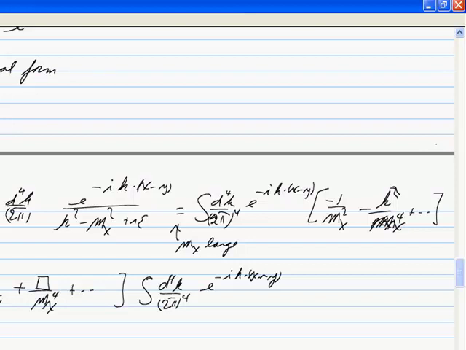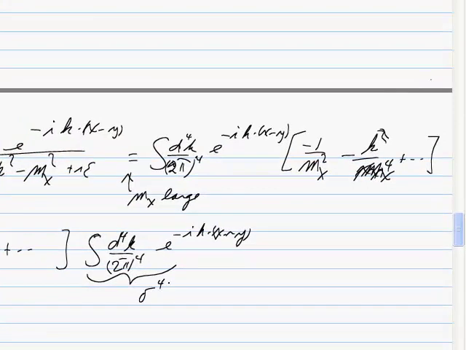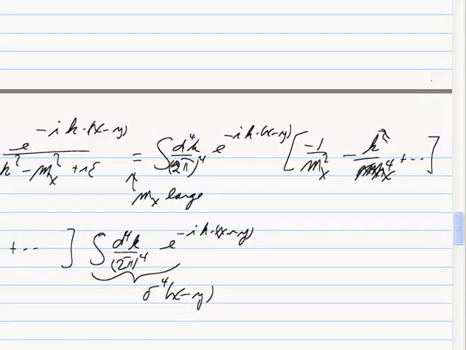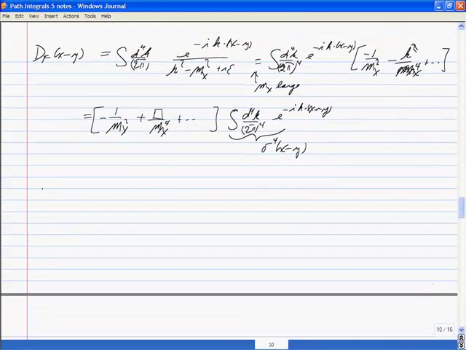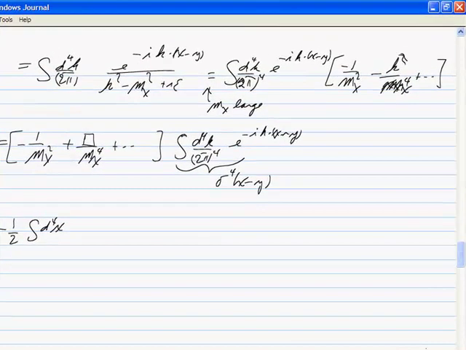But then this is the delta 4 of x minus y. So now this looks local. And our w of phi is minus a half integral d4x. Okay, so I'll use the delta function to get rid of the d4y.